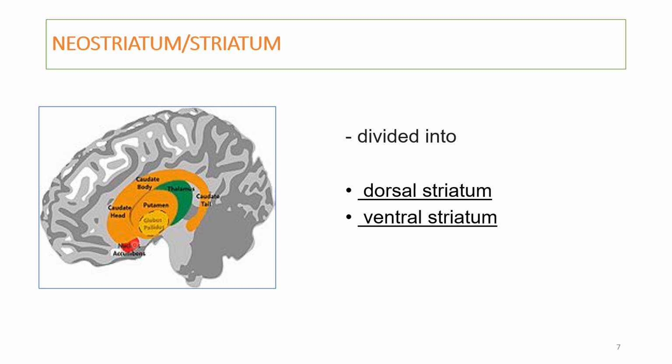This is caudate nucleus and putamen. These are coming under dorsal striatum. And the ventral striatum consists of nucleus accumbens and olfactory tubercle. This is nucleus accumbens, and here you have olfactory tubercle. So neostriatum or striatum is divided into dorsal striatum and ventral striatum.